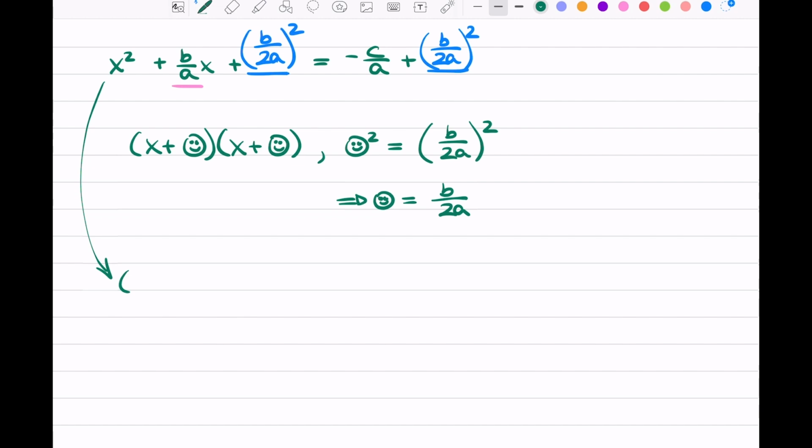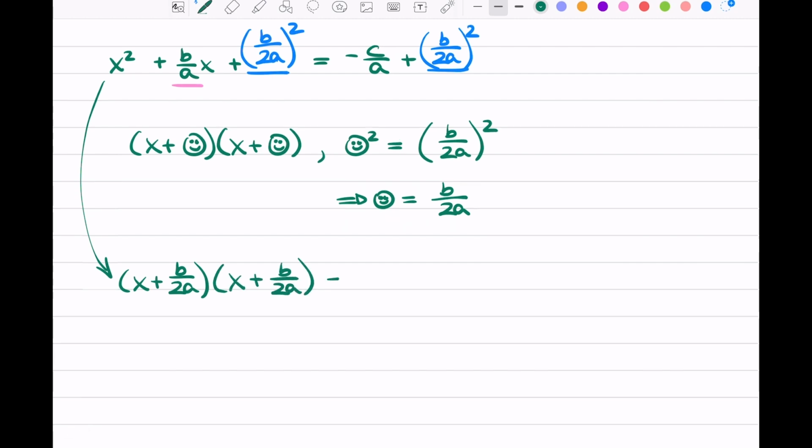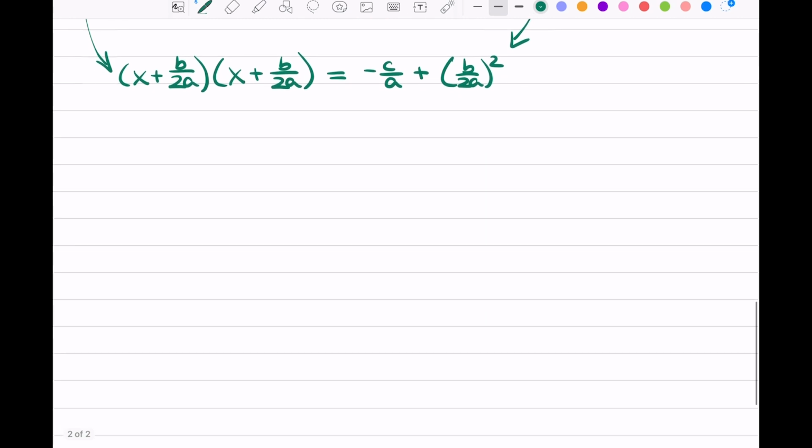That means we can rewrite our perfect square as x plus b over 2a, our smiley face, times x plus b over 2a. And that's going to equal the right side from above, negative c over a plus b over 2a squared. So our left side we can rewrite as x plus b over 2a squared.